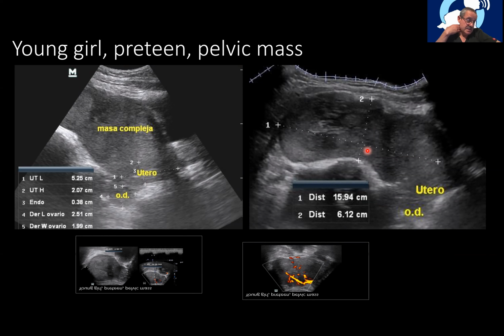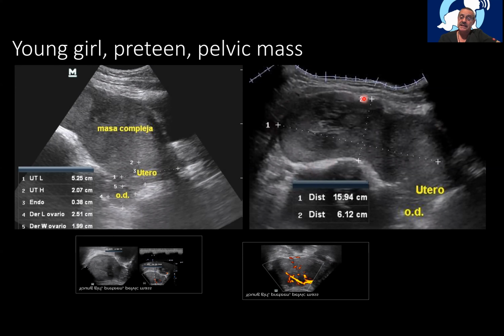Sometimes those masses appear in not that young little girls. This was a preteen with a pelvic big mass. Well, really big. That was an abdominal pelvic mass.